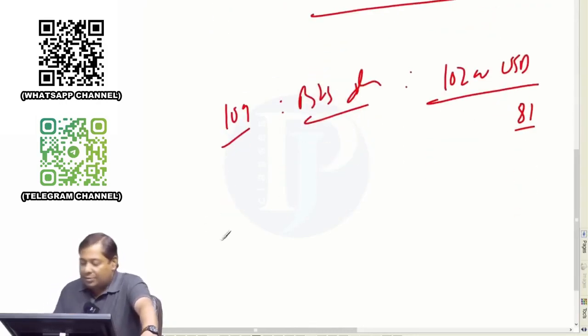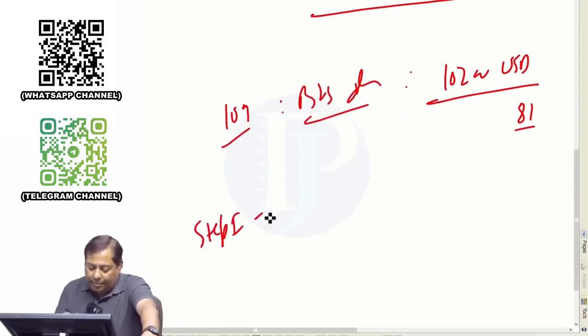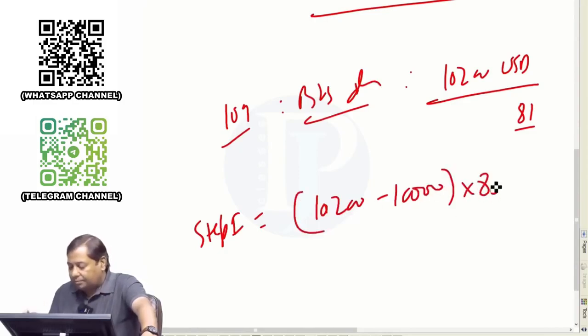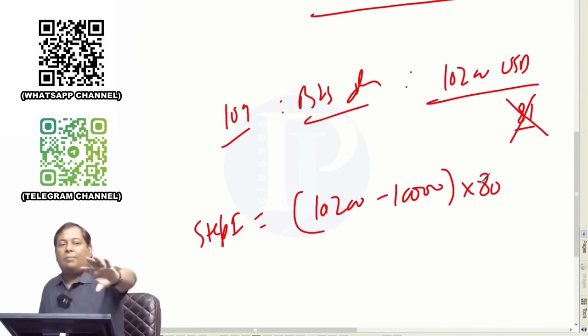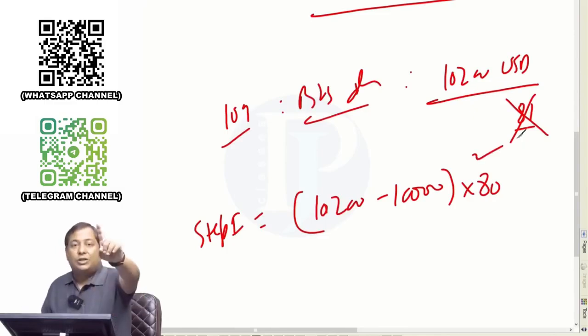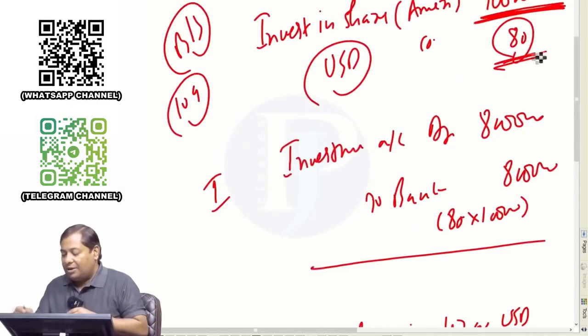I told you two steps. Step 1. Start with 10,200 minus 10,000, into 80. Don't look at this rate. First look at how much your dollar has appreciated. Here I am taking the actual rate, okay? The one I initially recorded.